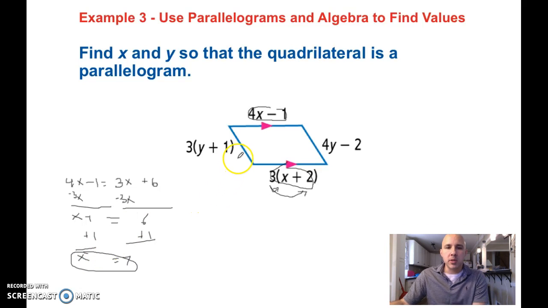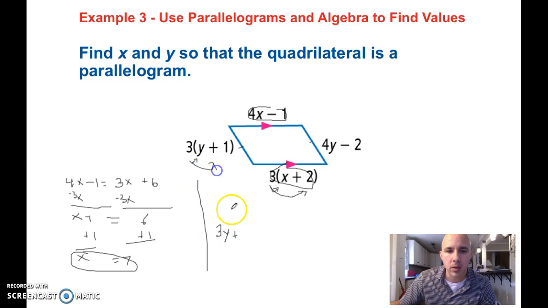And then I want to do the same thing on this side. So I know that 3y, I'm going to distribute this, has to equal 3 times 1 is 3. And then I'm going to do the same thing over here. 4y minus 2. I'm going to collect my terms.